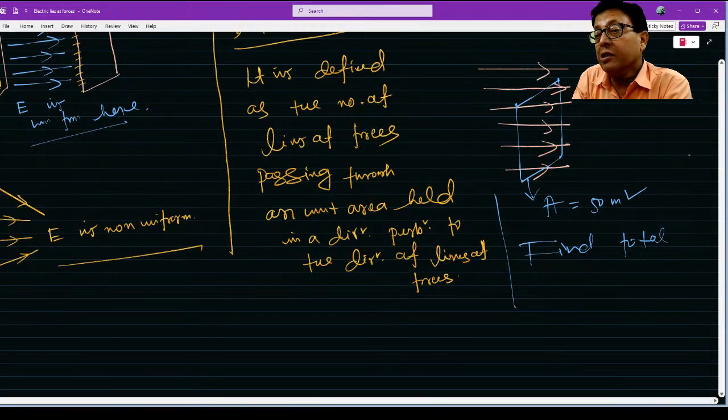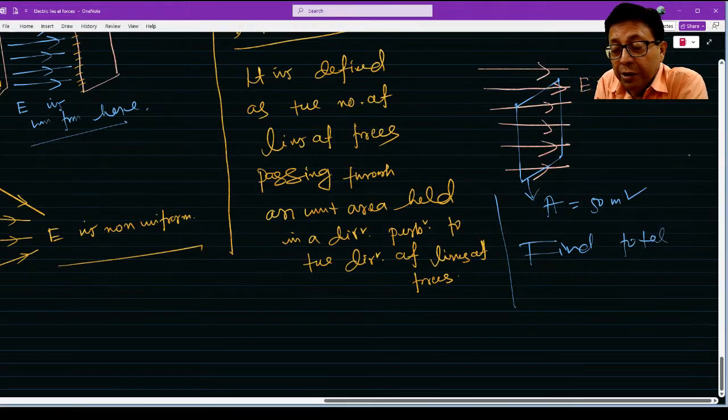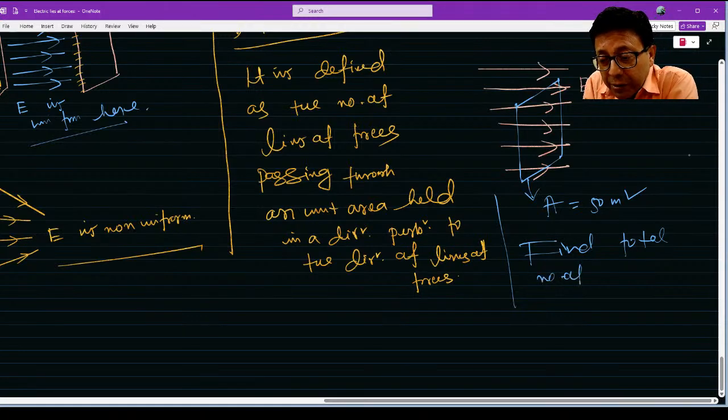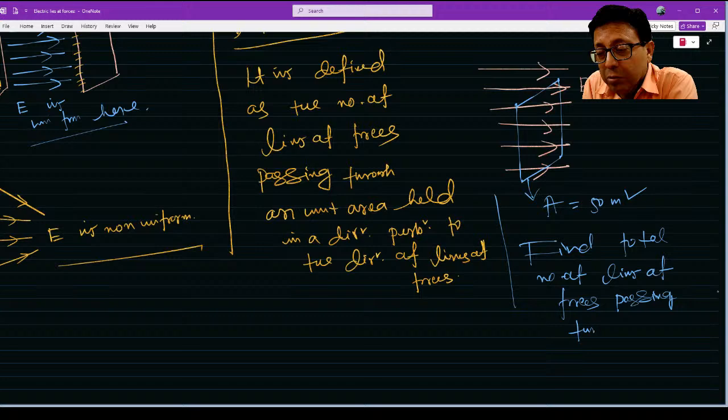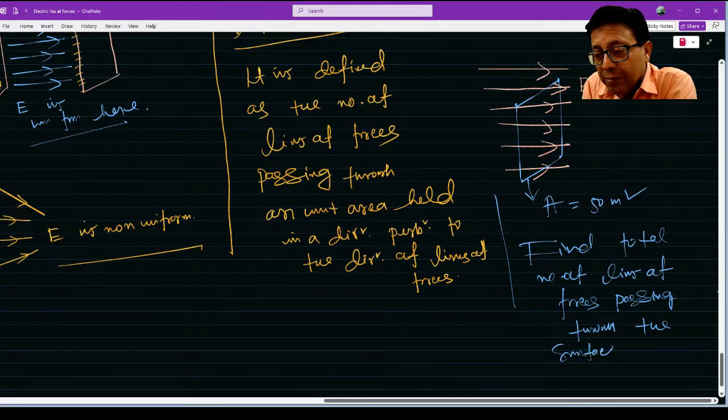these lines of forces are perpendicular to the surface. Find total number of lines of forces passing through the surface at right angle to it.